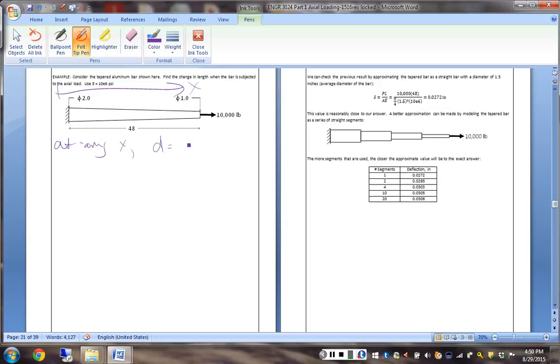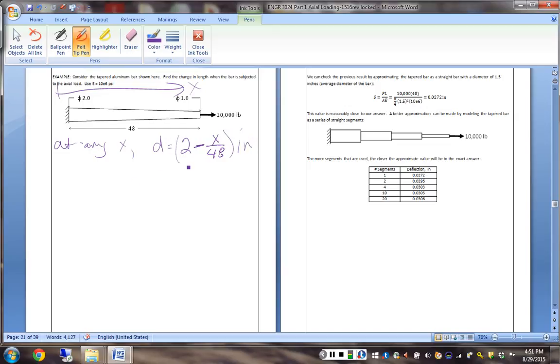So the diameter is 2 minus x over 48, that's the equation for this diameter at any point, and that's in inches.